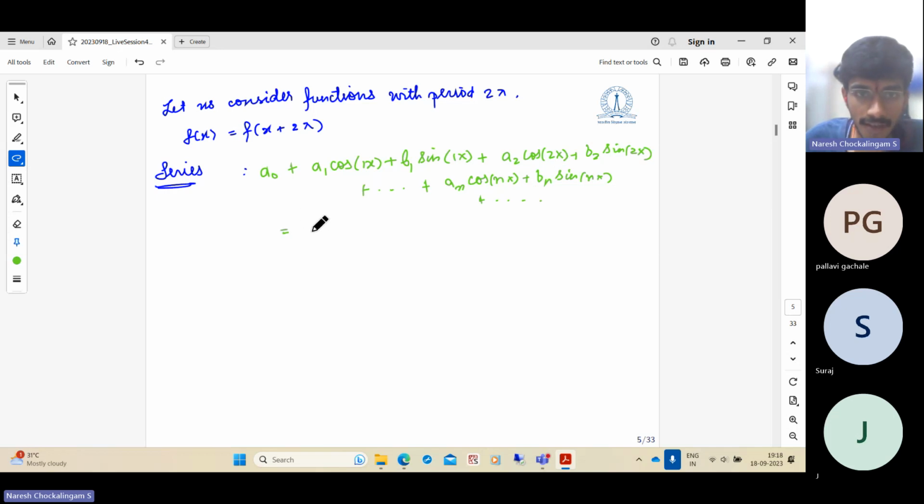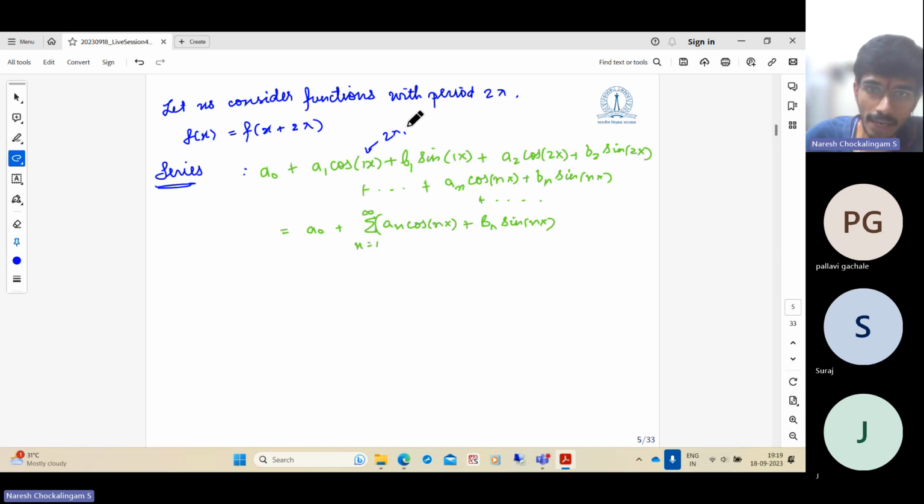So this is nothing but a naught plus the sum from n going from 1 to infinity of an cos nx plus bn sin nx. Now let us see what are all the periods for this.